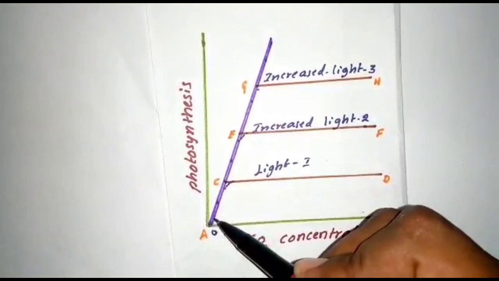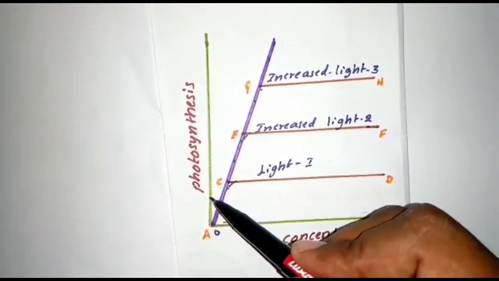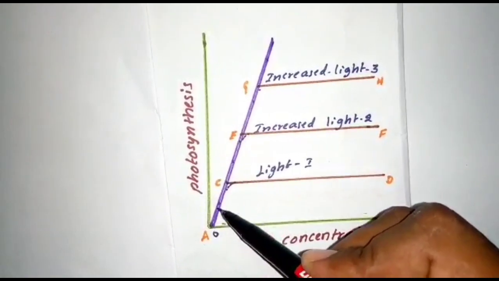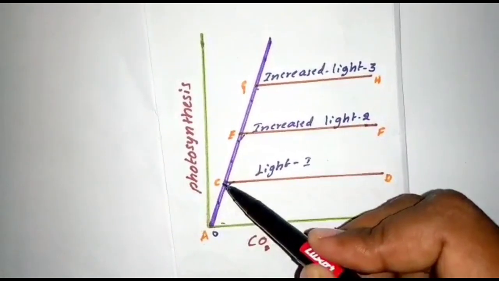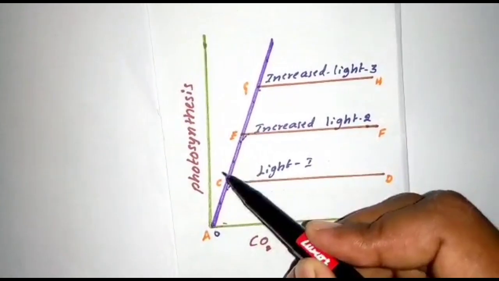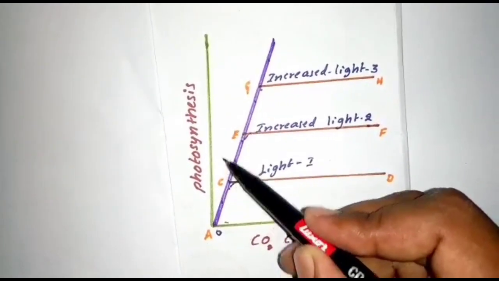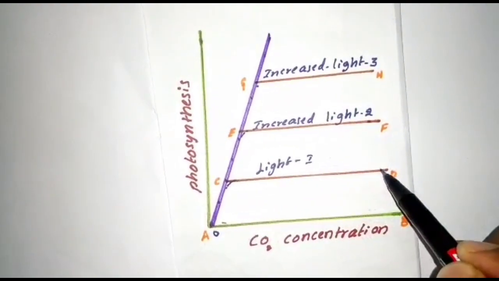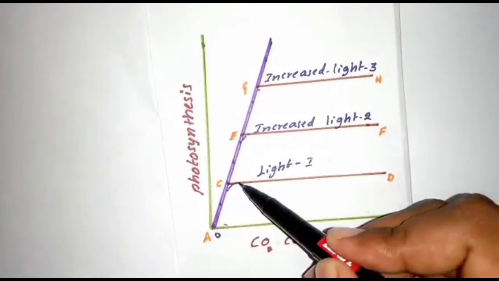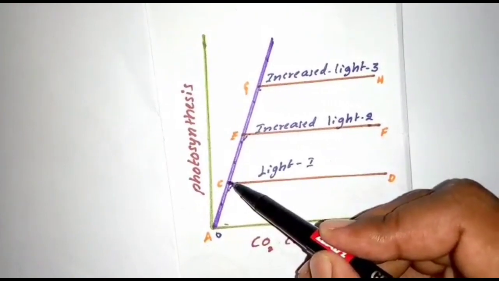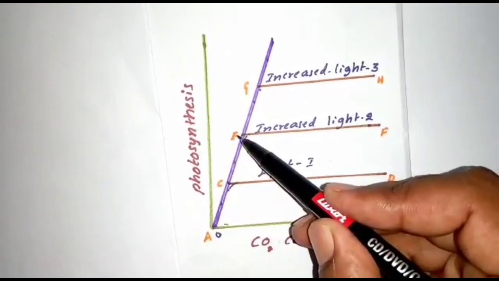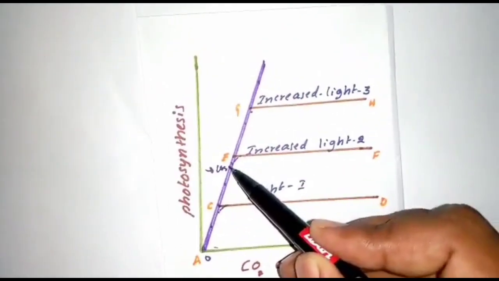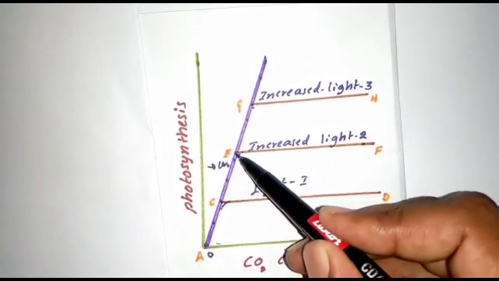When the light intensity is increased and the level of carbon dioxide is increased, the rate of photosynthesis increases from A to C. When the light intensity is increased but the availability of carbon dioxide is not increased, the rate of photosynthesis will be constant, that is from C to D. The second condition is that the light intensity is increased and the availability of carbon dioxide is also increased, so the rate of photosynthesis is increased.